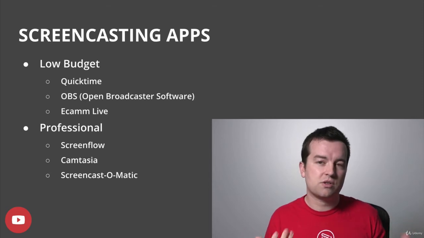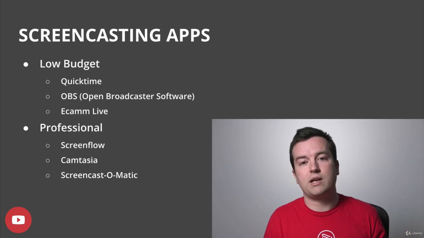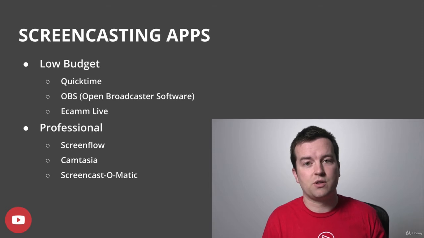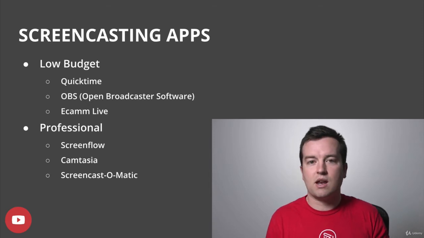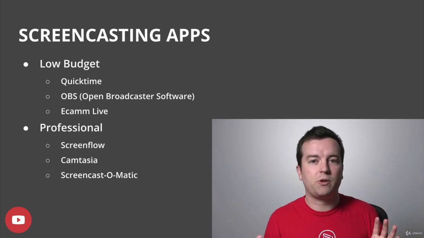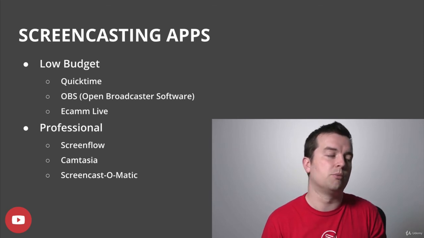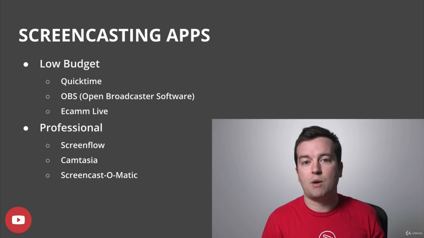Again, you can use this to record your screen, and a lot of YouTubers use it to live stream. So you can use OBS to set up multiple cameras or multiple angles, and it's great for live streaming on different platforms, including YouTube.